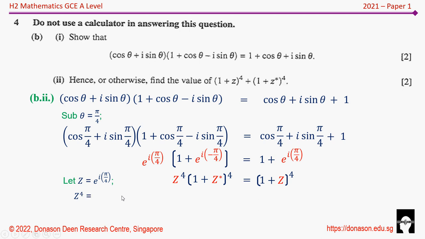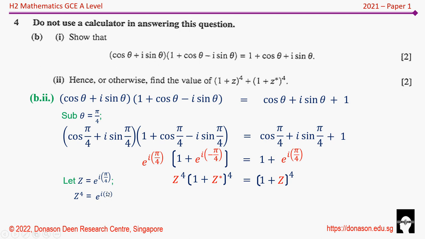So how do we do that? What is z to the power of 4? If I take this and raise it to the power of 4, it's going to be e to the power of i pi over 4 times 4. The 4 and 4 will cancel, and that's going to leave you with a pi. So it would be e to the power of i times pi. And what is e to the power of i pi?